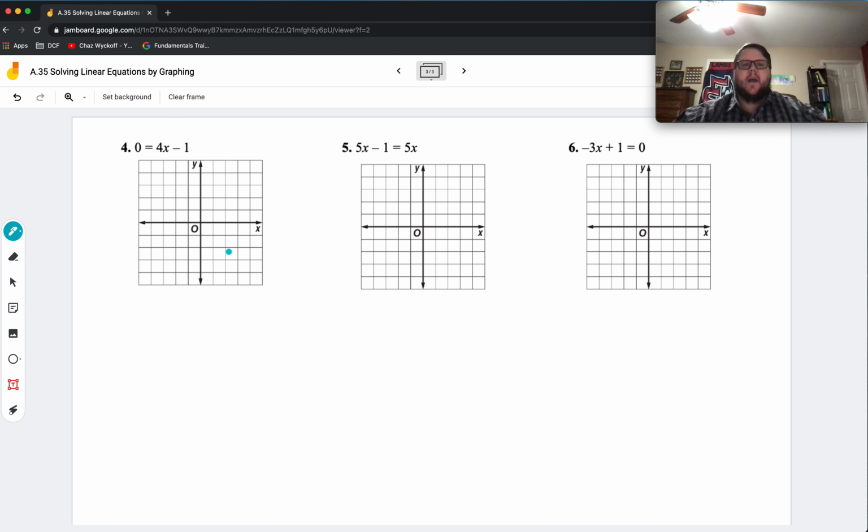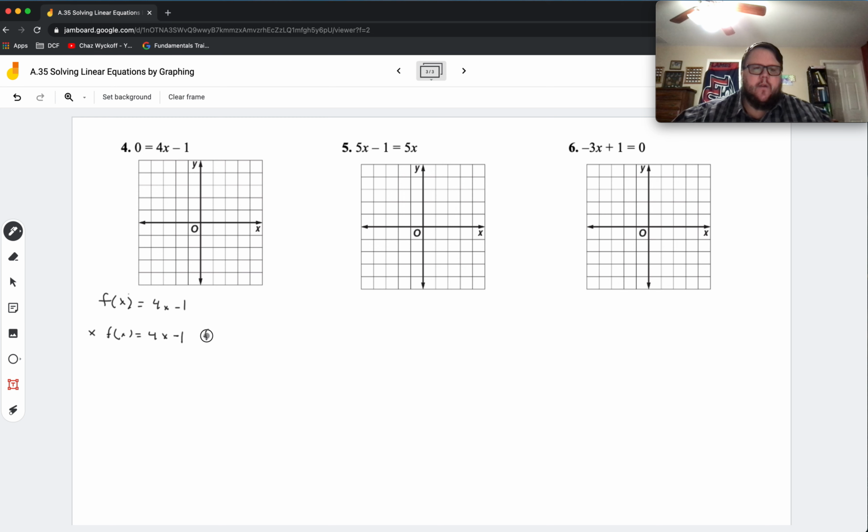So I'm going to have you guys do the rest on your own. Notice that for number 1 and number 6, just estimate the answer. So I'll do number 1 for you real quick. It's already set up as f of x equals, so f of x equals 4x minus 1. So I'm going to do my table. F of x equals 4x minus 1.